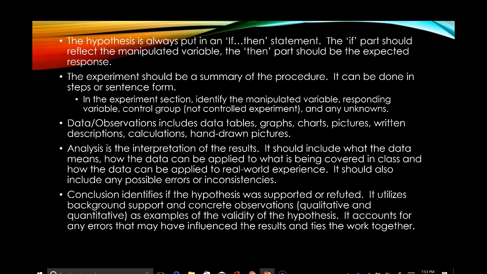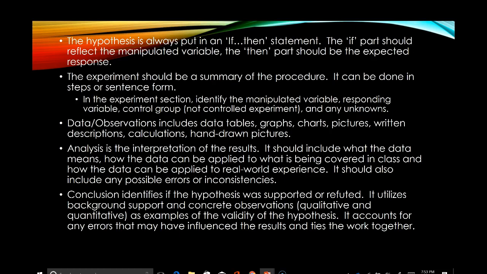You're going to skip a space from that, and then you're going to put the heading experiment. Again, all caps and in bold letters. The experiment should be a summary of your procedure. I don't want you to copy your procedure. I know you can copy. I want you to summarize it and put it into your own words.